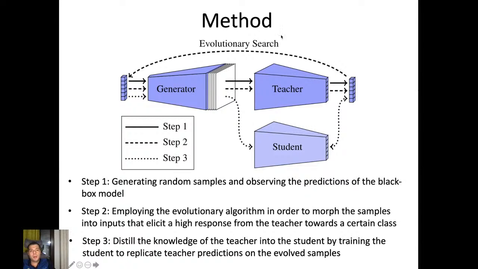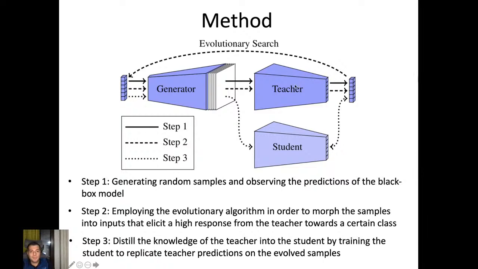Then we apply a genetic evolutionary algorithm to modify this population of noise vectors to maximize the output of the teacher for a certain class. So we try to generate an image that activates a certain class of the teacher.